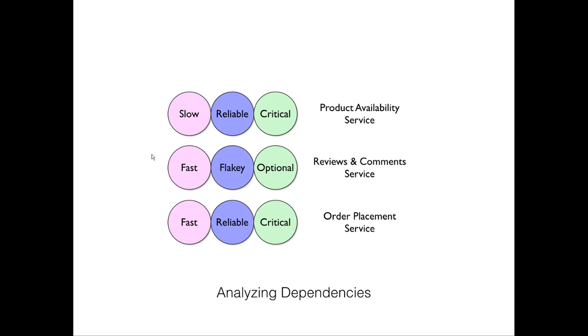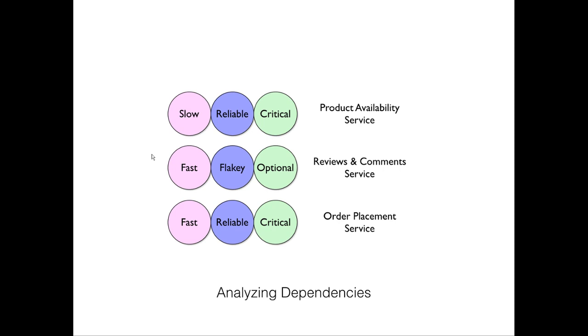In the case of Walmart.ca, or any e-commerce site really, let's just use these 3 as an example. You could have a product availability service, a reviews and comment service, and an order placement service. The first one is slow and reliable, but it's absolutely critical. The slowness might screw us up at some point, so we'll have to address that. You could have a reviews and comment service, which is super fast, but it's hosted by a third party, so it's flaky.